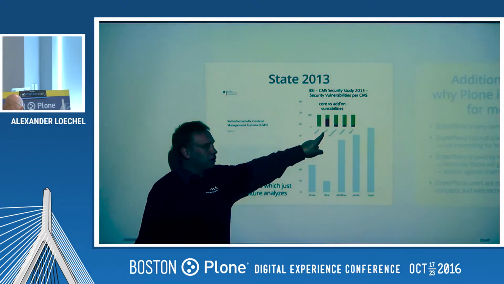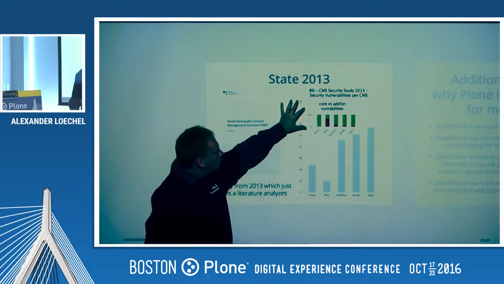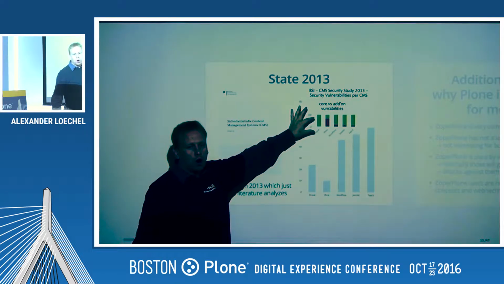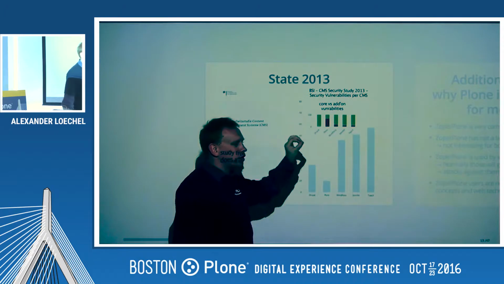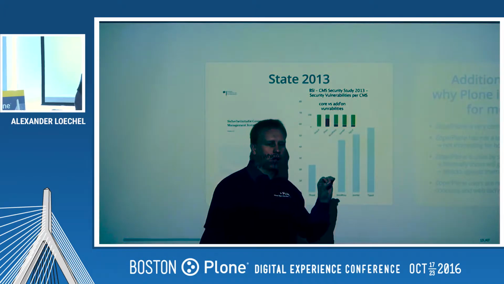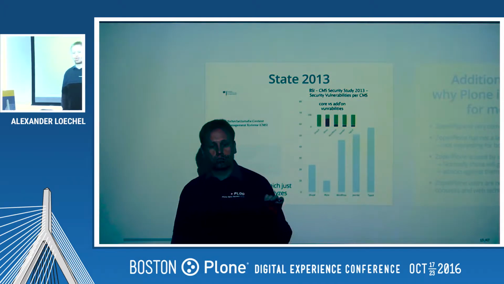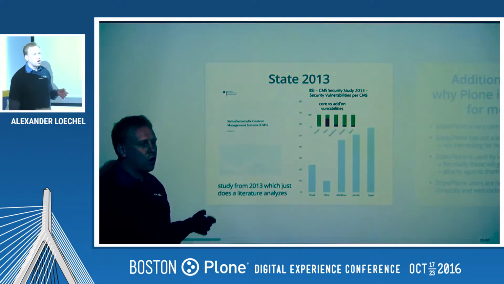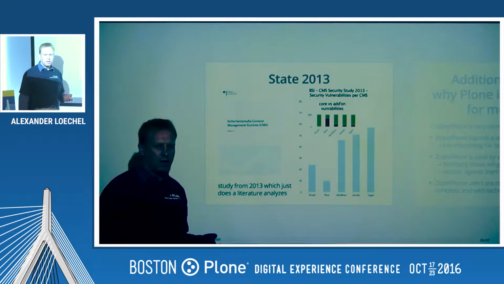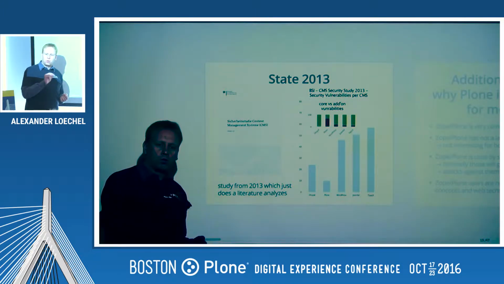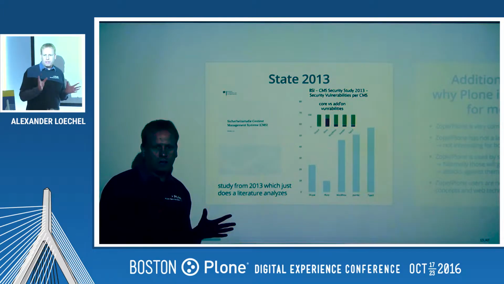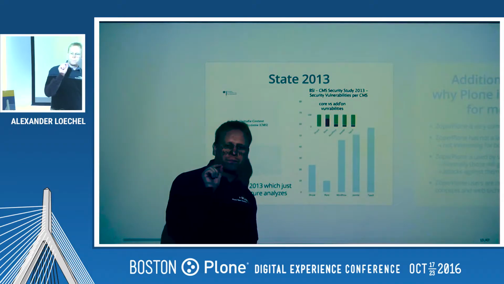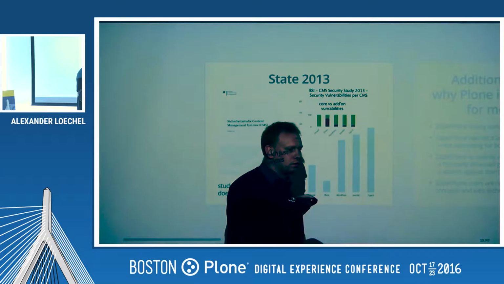There's one thing, if we look at it, how much of the vulnerabilities are found in the core or in an add-on? Every other system has the major vulnerabilities in their add-on story. Plone has the major vulnerabilities in its core. Why is it so? It's not because the Plone core is so insecure. We do have a story for add-ons that keeps your add-ons secure.